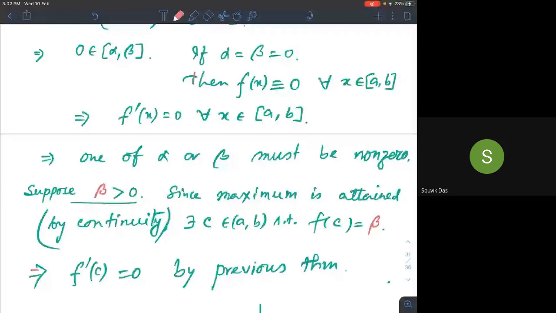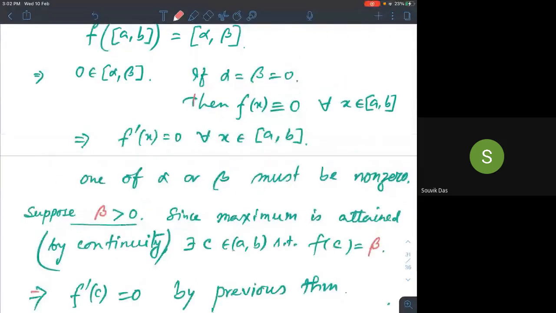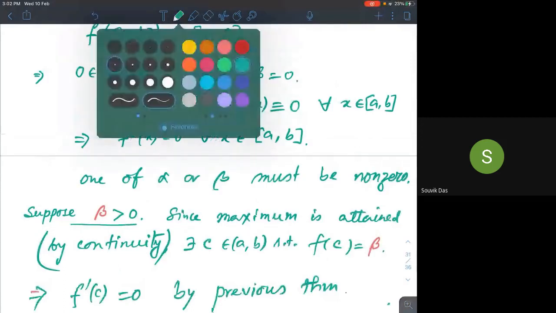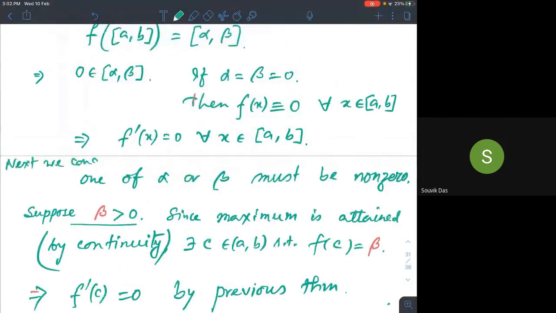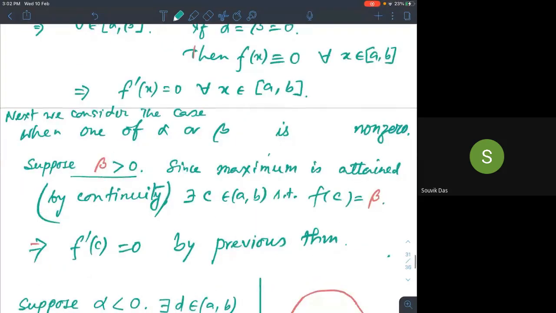So instead, consider the case when one of alpha or beta is non-zero. Suppose beta is greater than zero.